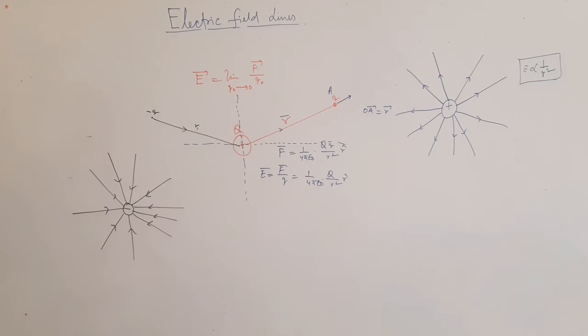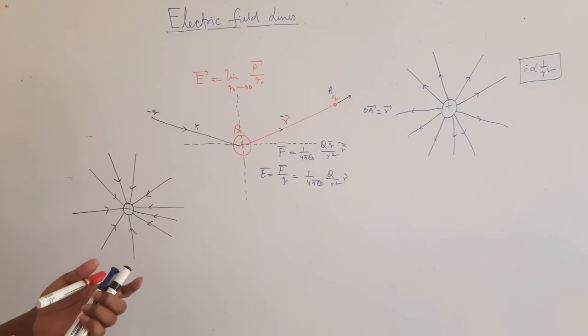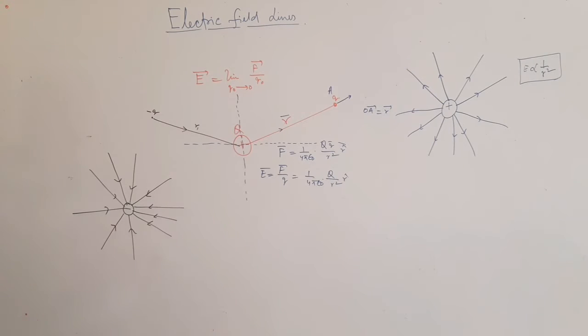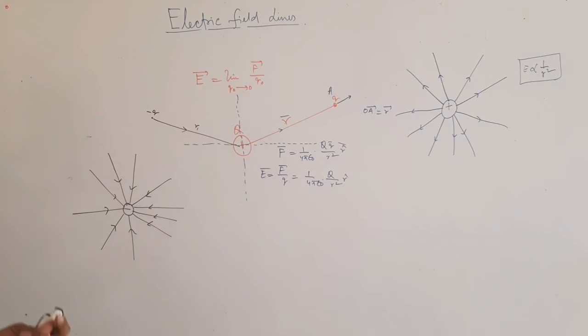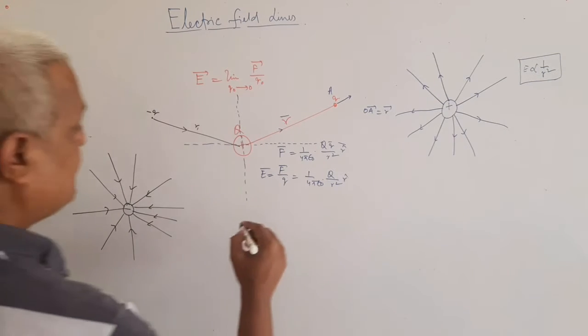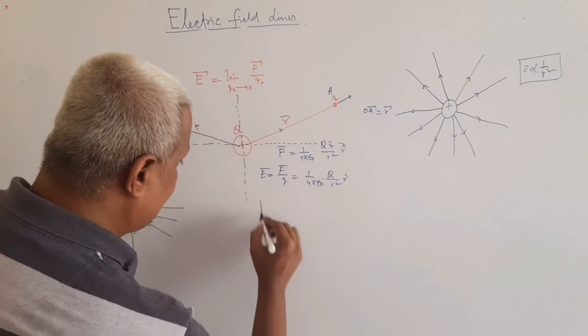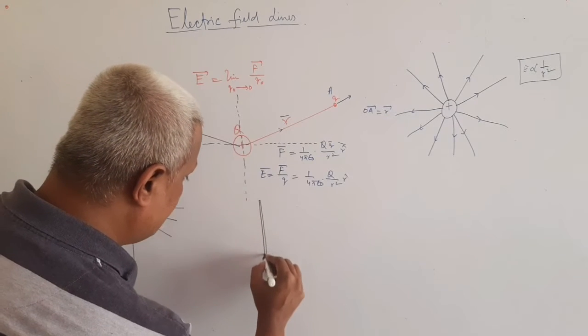Suppose you want to have a uniform electric field. Then you must have parallel and evenly placed electric field lines. We can obtain this by introducing charges on plates.